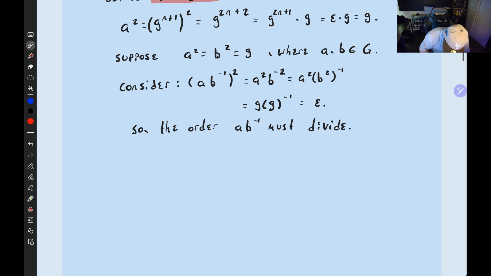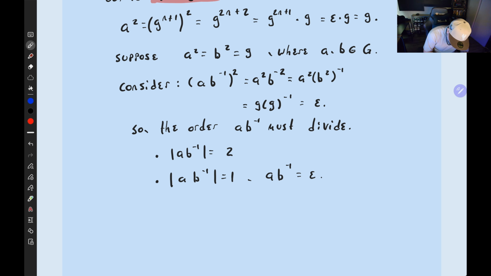So the two options are the order of AB inverse is equal to 2, or the order of AB inverse is equal to 1, which gives us that AB inverse is the identity element.